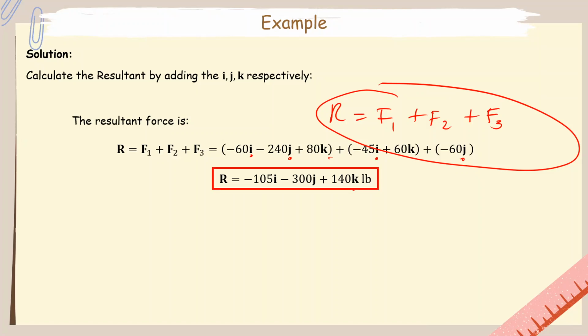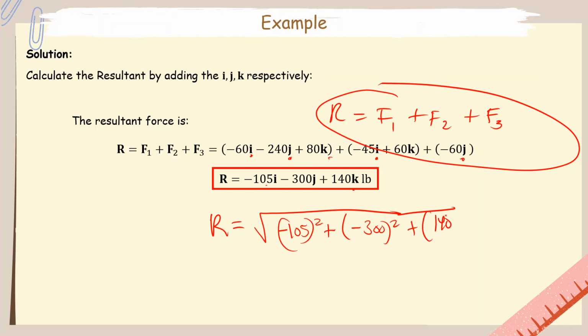So, that's the vector form of the resultant. How about the scalar form of the resultant? Ano ang magnitude nito? Magnitude niyan sa scalar is negative 105 squared plus negative 300 squared plus 140 squared.